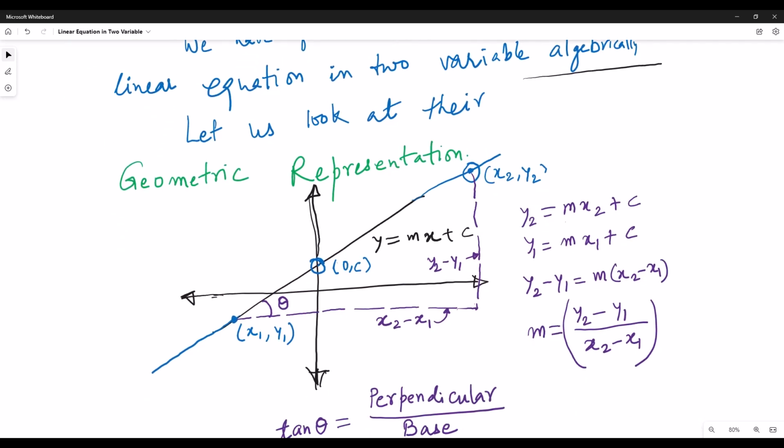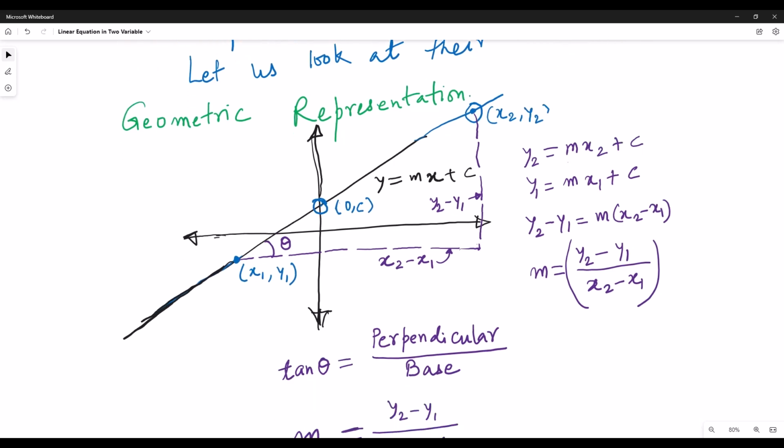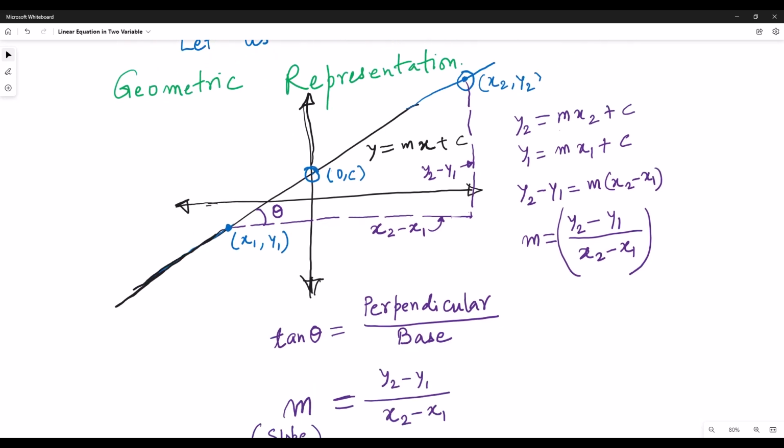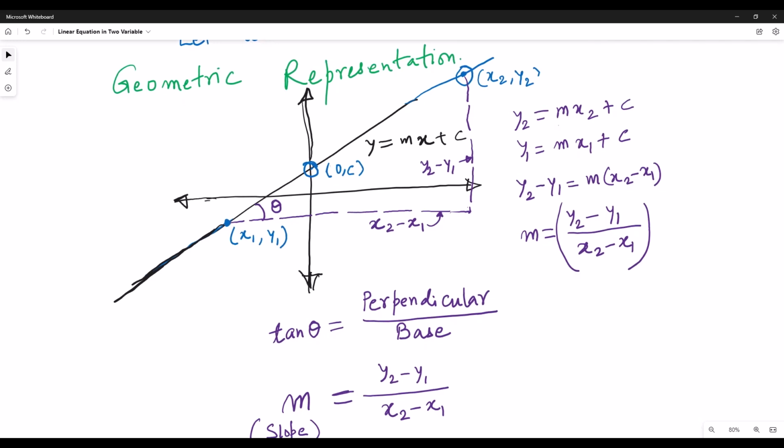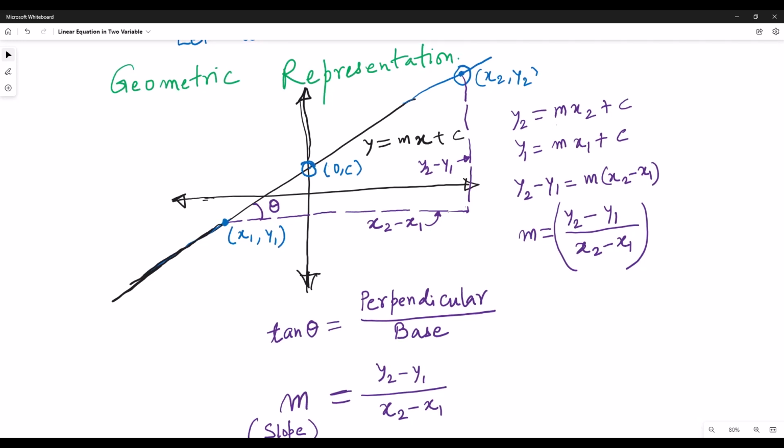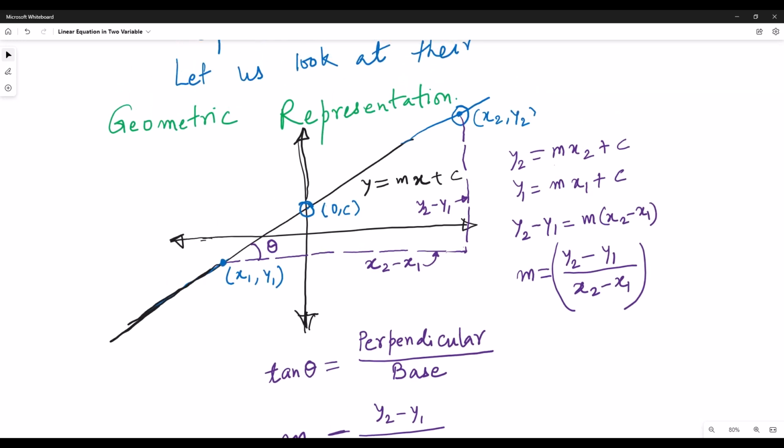This straight line is the solution set of the linear equation in two variables. Later you will learn why this is a straight line and why it is not a curve. That is beyond your syllabus, but if you plot all the solutions of a linear equation, you will find that all the points lie on a straight line.